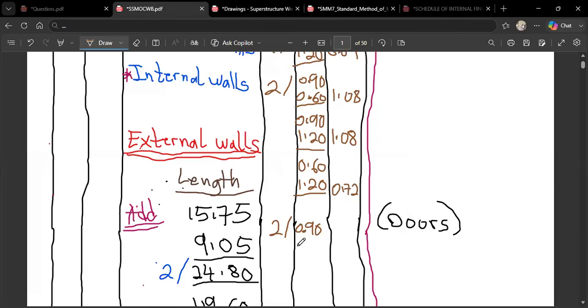So this is 2.10. Very good. So here you just multiply. If you multiply, you're going to get 3.78.